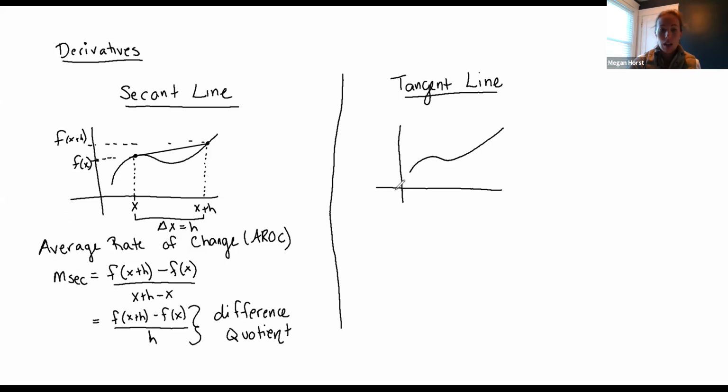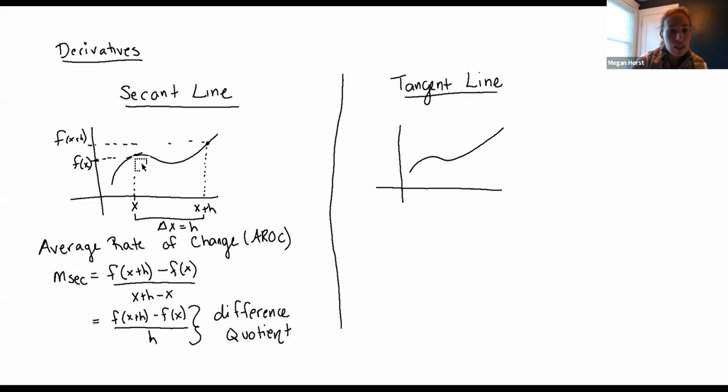All right. Conversely, we have a tangent line. And remember how we talked about the secant line? What it's doing is approaching this tangent line, and we're getting closer and closer. We're really taking this line and moving this point so that it's closer and closer until ultimately we are approximating this value right there to make a tangent line.